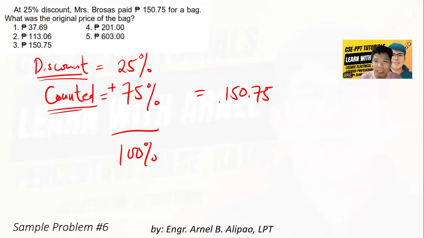If we can get the value of the 25%, we are going to add, then we get the 100%. You follow?